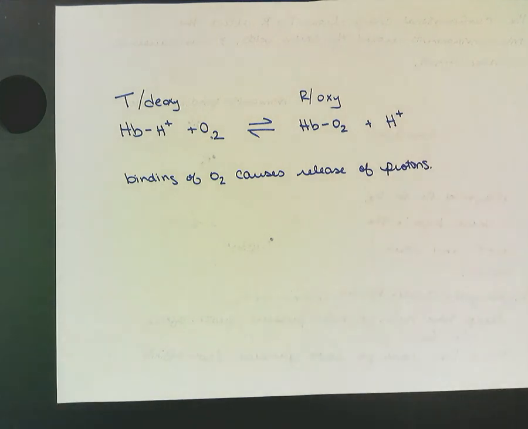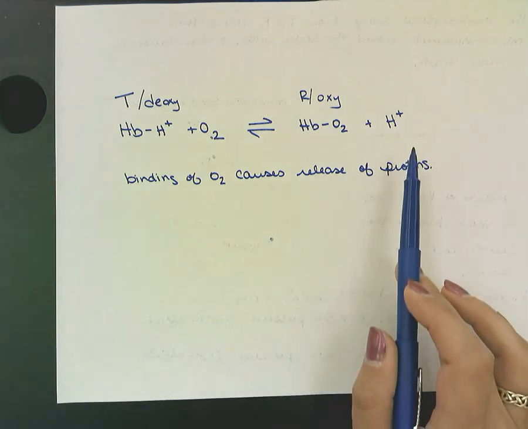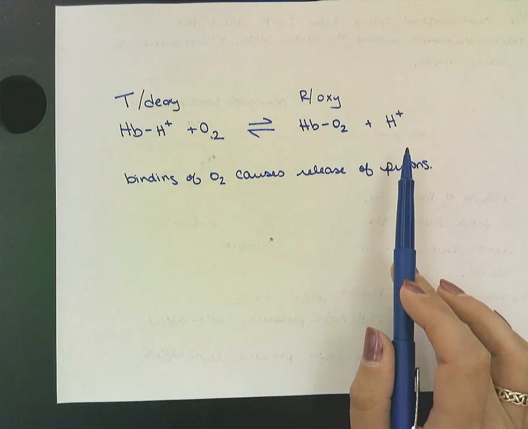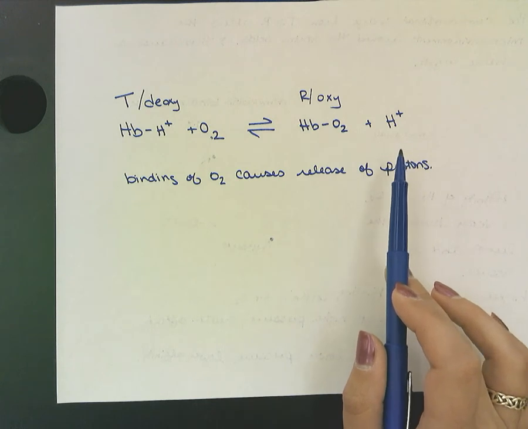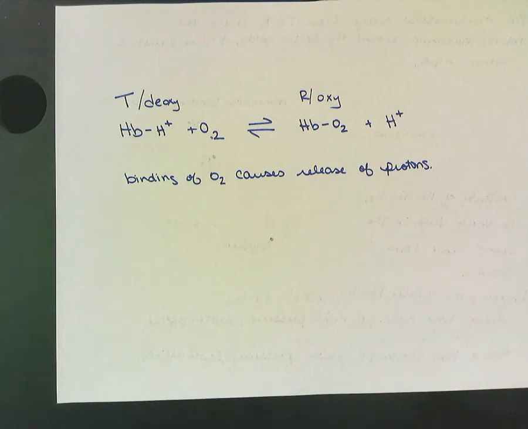So the binding of oxygen causes protons to be released. If the protons are being released, what is that doing to my proton concentration in that area? Increasing, decreasing? If it's increasing the proton concentration, is that more acidic or less acidic?